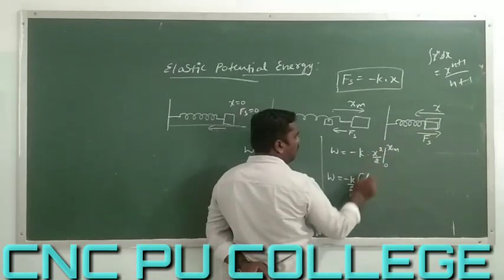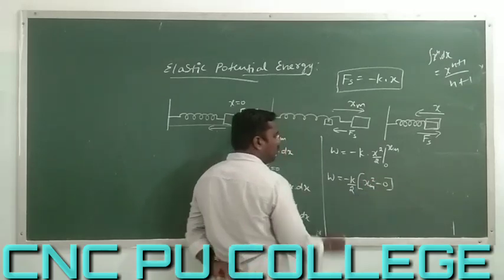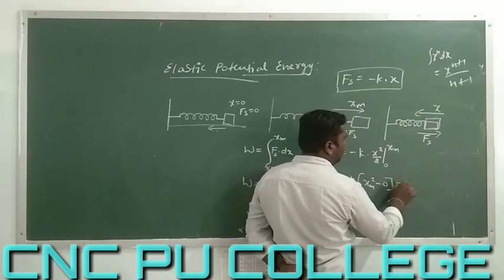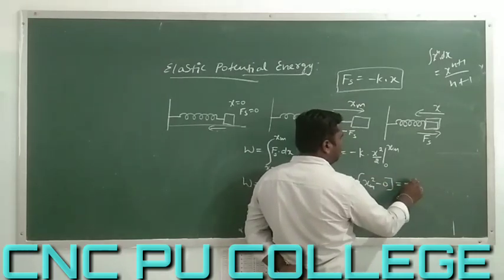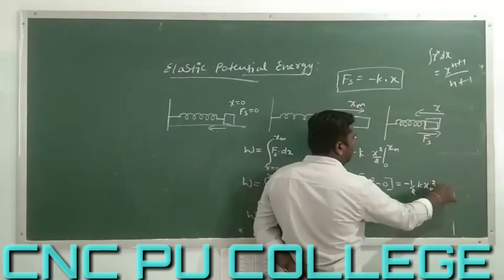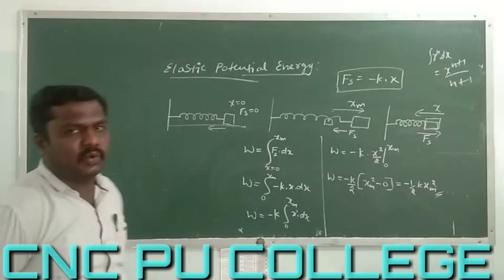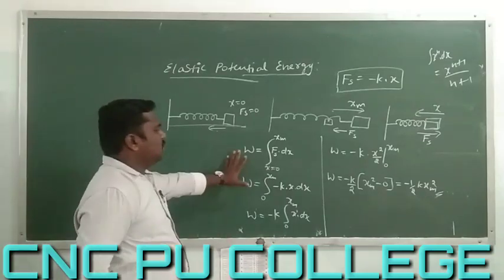The upper limit is xm square minus the lower limit 0. So finally we got the expression for work done as minus half into k xm square. So this is by using the expression of work done.